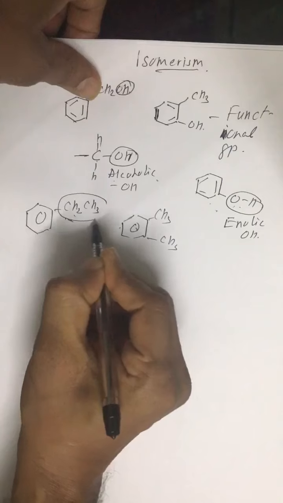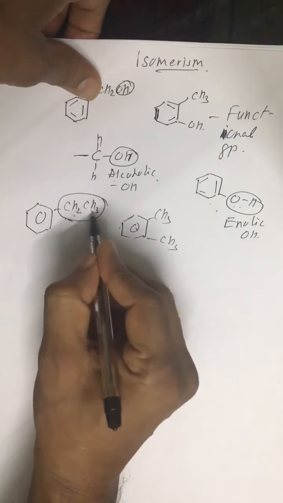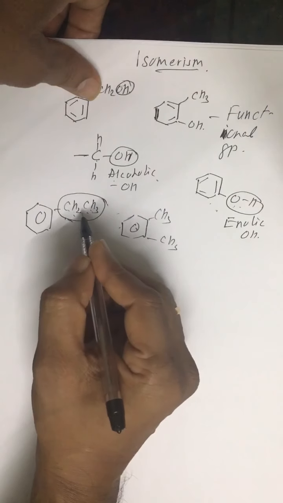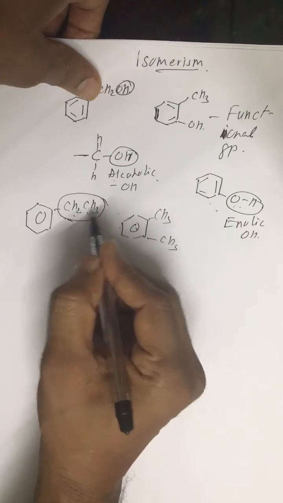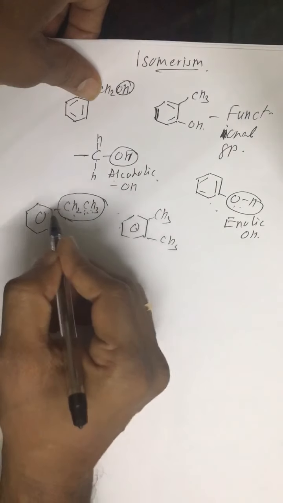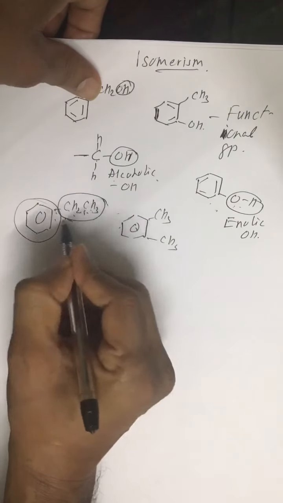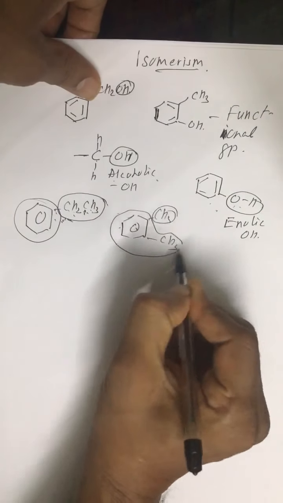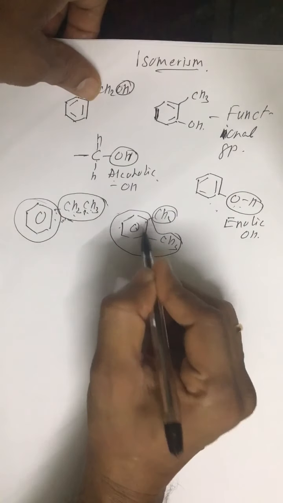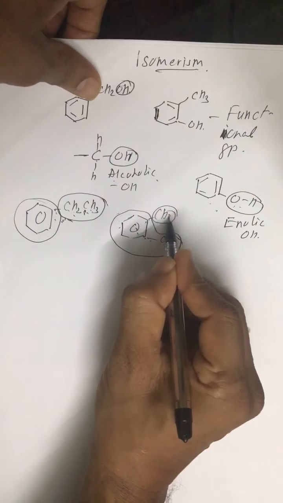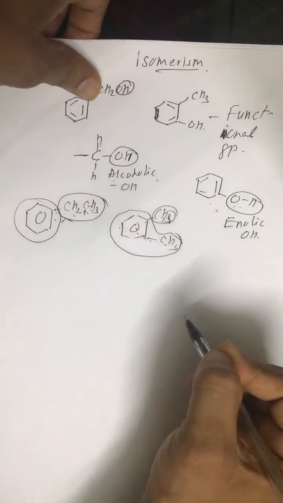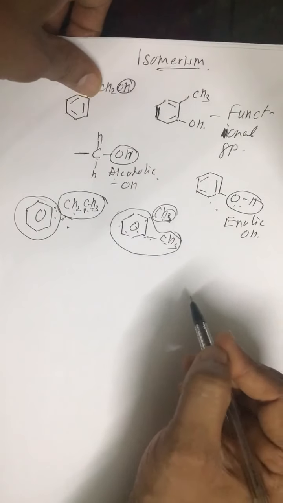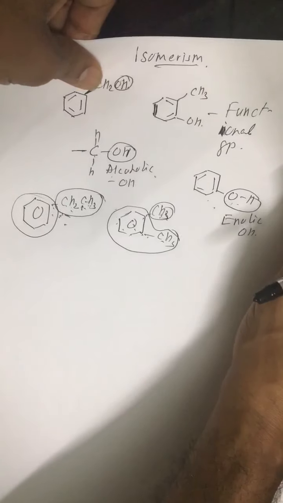We consider that if we have two or more carbons in a straight or unbranched chain, then this is considered the parent and we call this compound phenylethane. So this is methyl phenyl or 2-methyl phenyl methane. These two are considered chain isomers. This is again a specific case, so you should be careful.